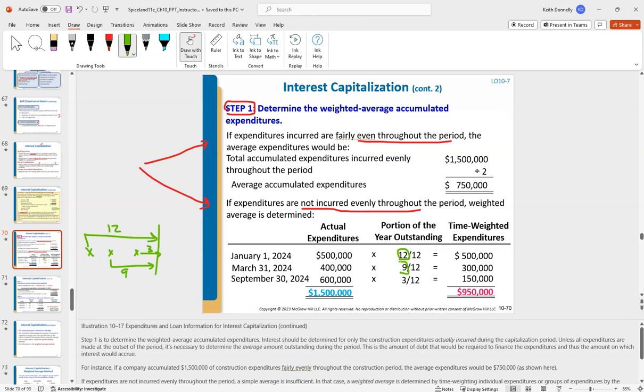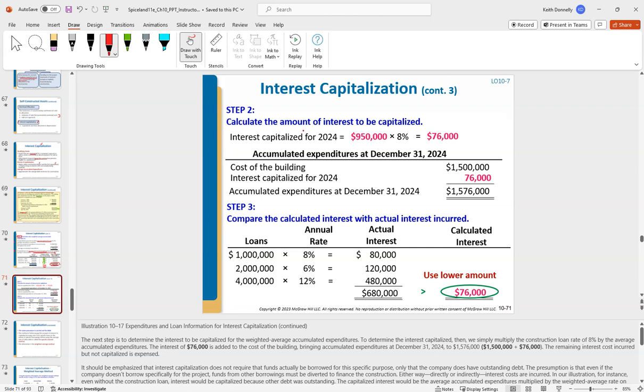So 12, 9, 3. Essentially, to get the time weighted amount, you do 500 times that, 400 times that, 600 times that, work to the right, and then sum it. So 950,000, that's step 1. Step 2 is we have to calculate the amount of interest to be capitalized.